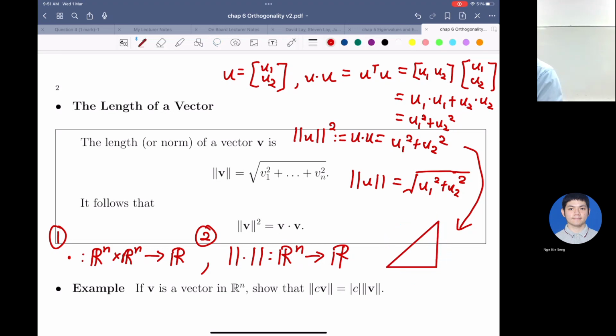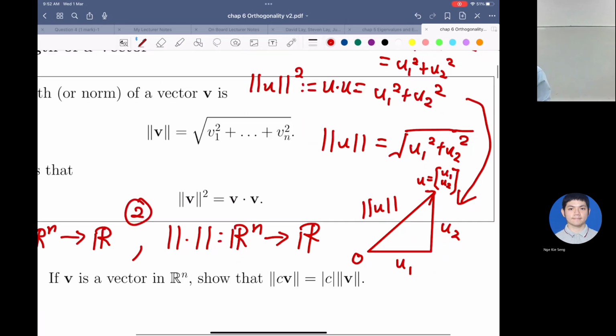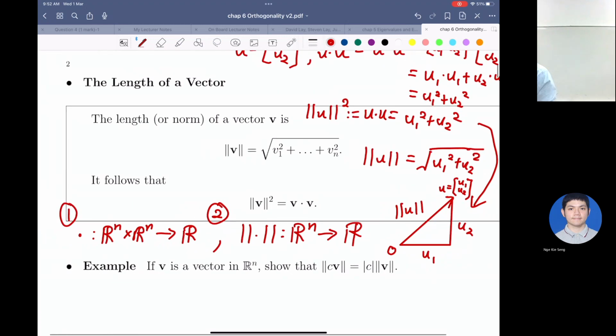If you have a 0 here, then a u1 here and a u2 here, and then this is the length. The vector u is u equals u1, u2.